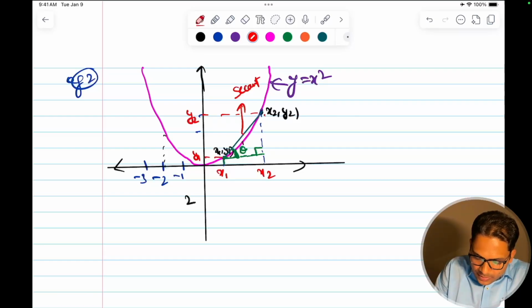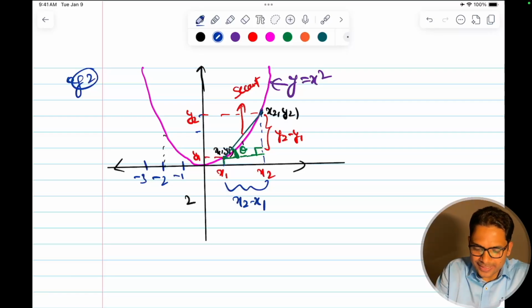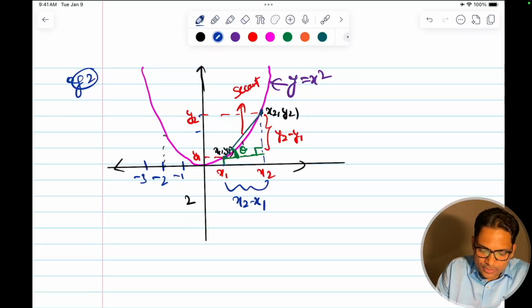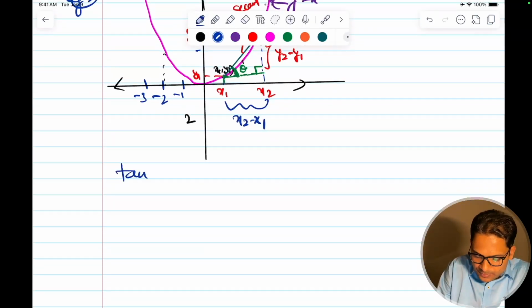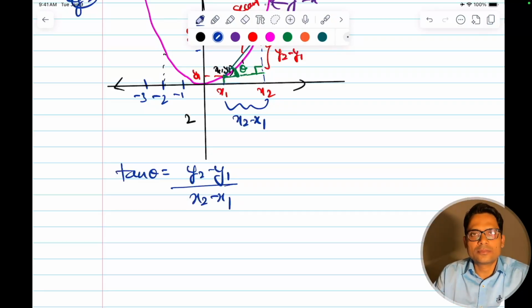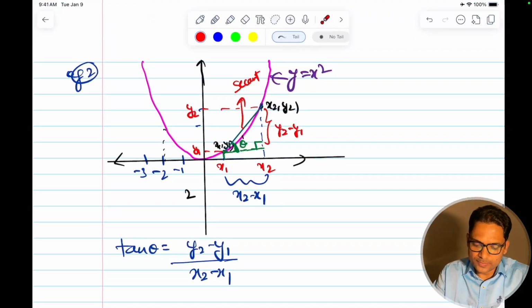So this length here will be y2 minus y1, and this length here will be x2 minus x1, right? So this is your base, this is your perpendicular, this is your theta. Tan theta is perpendicular by base. So I can calculate my tan theta. Tan theta is equal to y2 minus y1 by x2 minus x1. Simple, old school stuff. No problem till here.